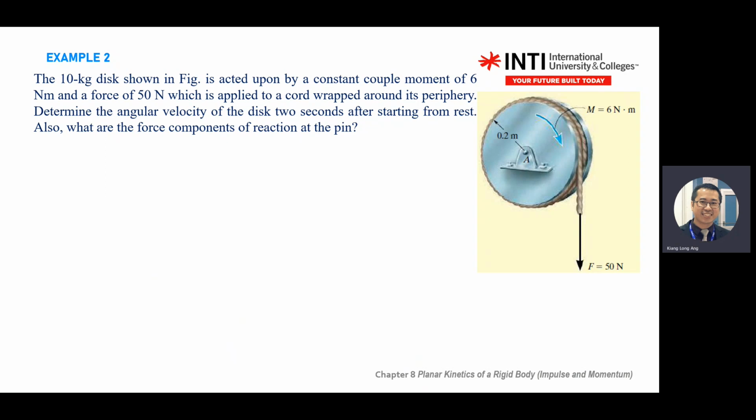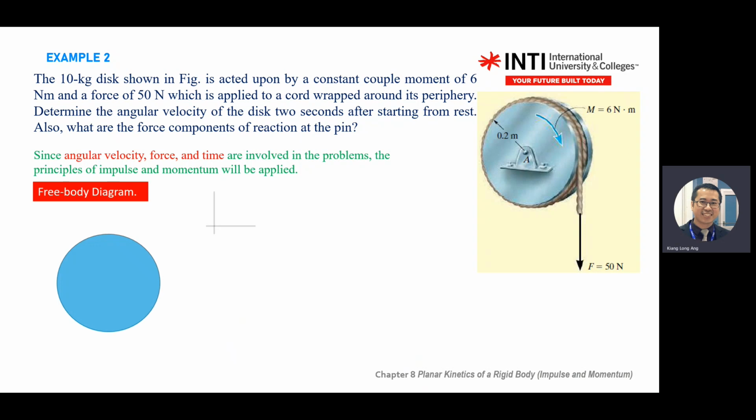For the reaction that you see, I'll just put as A, AY, and AX. Although both are labeled as AX and AY, they are on different bodies, so they will feel different things. This is how I analyze the force components.